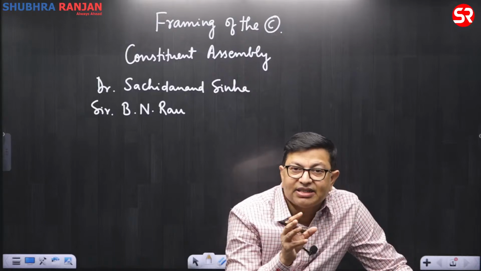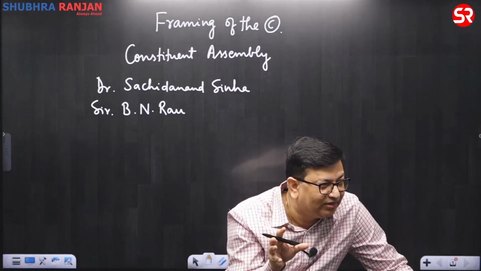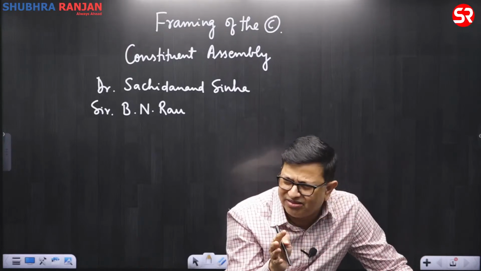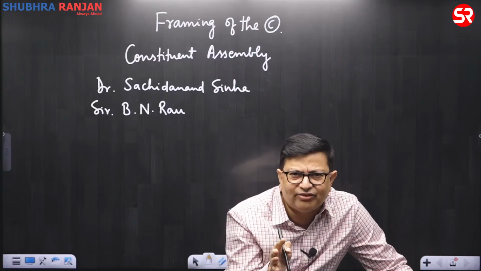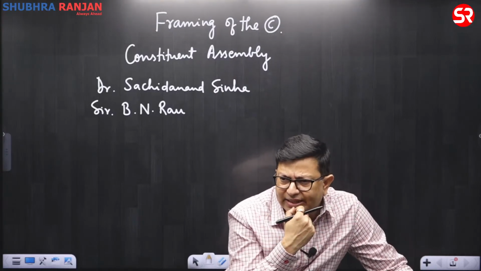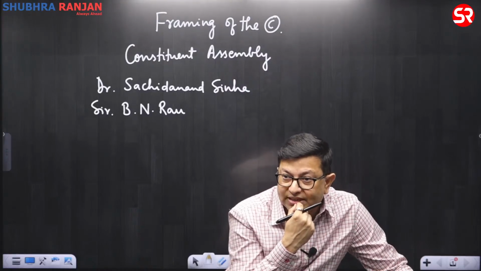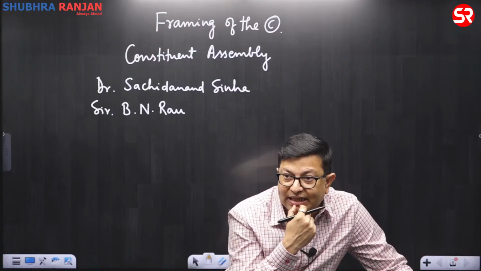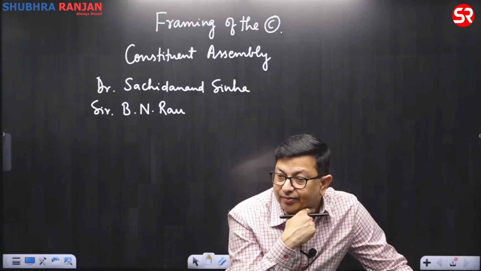In any of the textbooks that you are following, the names of the committees and their chairpersons will be there. This is all a factual thing, so you can have an idea from there only. Next point you can write, the drafting committee was headed by Dr. B.R. Ambedkar.